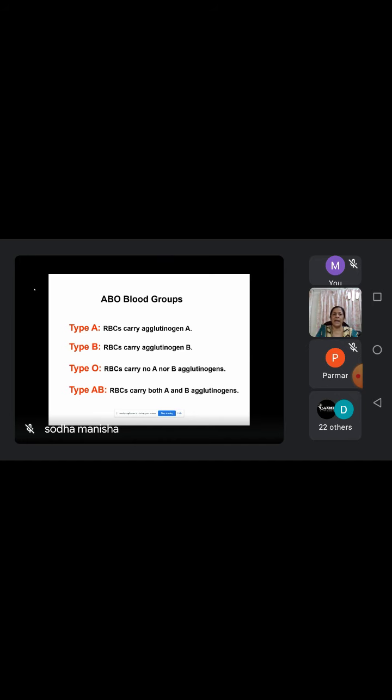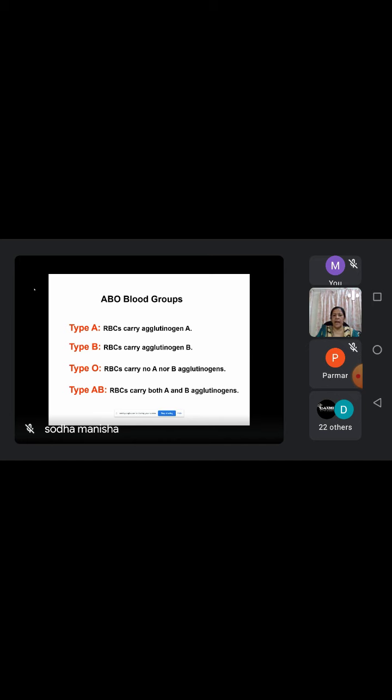Okay. In the type A blood group, red blood cells carry agglutinogen of type A. In the type B blood group, red blood cells carry agglutinogen of type B. In the type O blood group, RBCs carry no A or B agglutinogen.